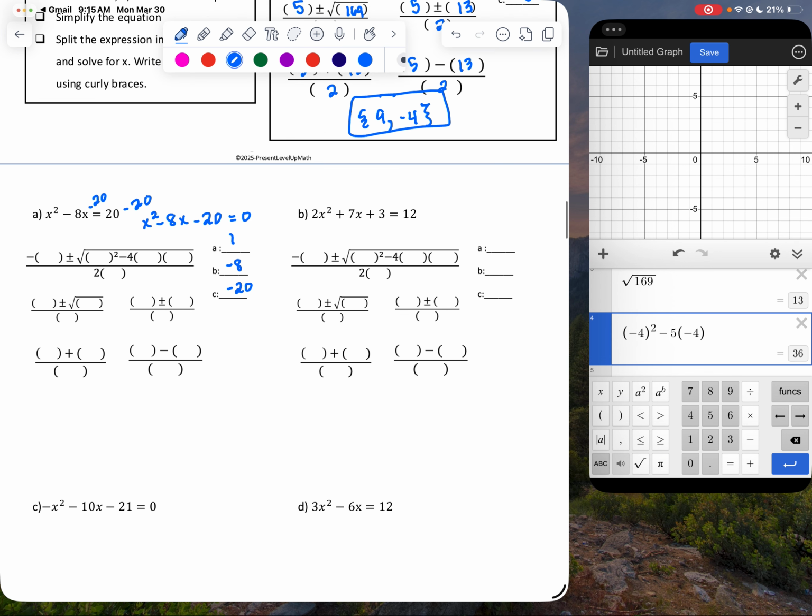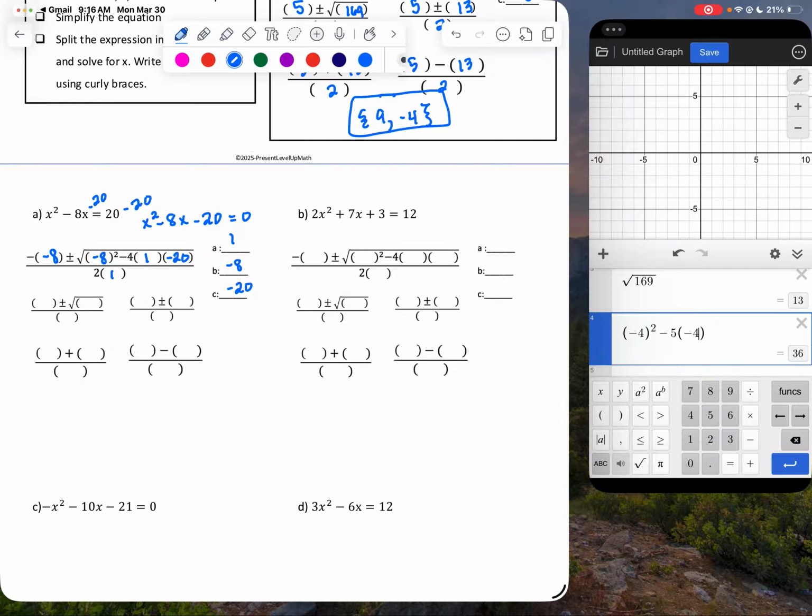All right, now I'm going to plug everything into my formula. The opposite of b would be the opposite of negative 8. B squared would be negative 8 squared, minus 4 times a, which is 1, times c, which is negative 20, all over 2 times a, which is 1.